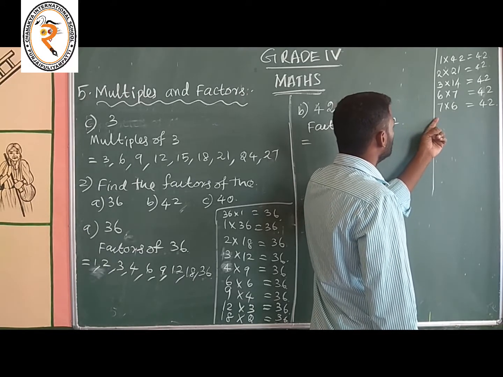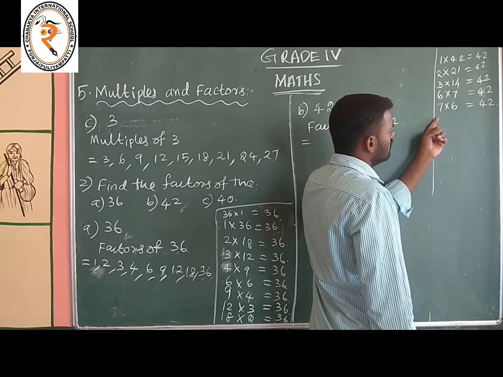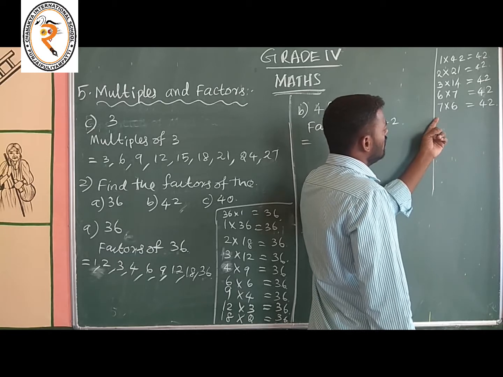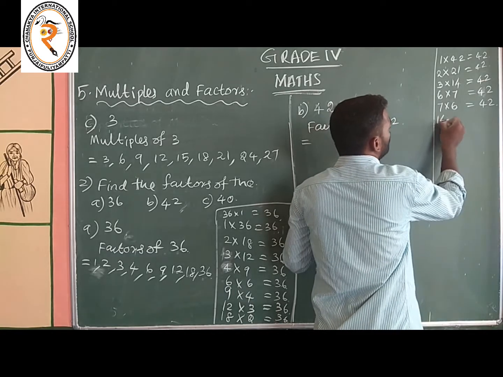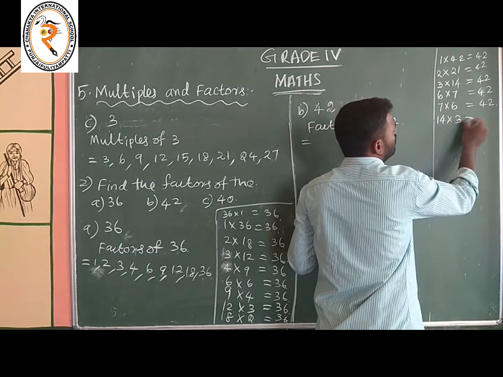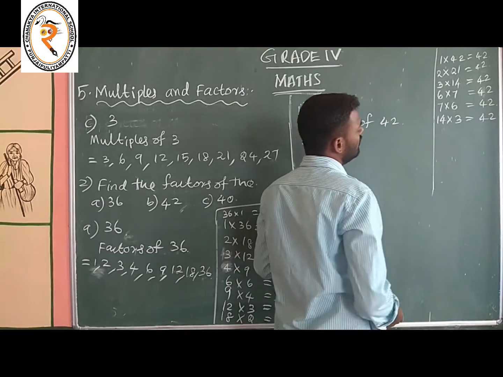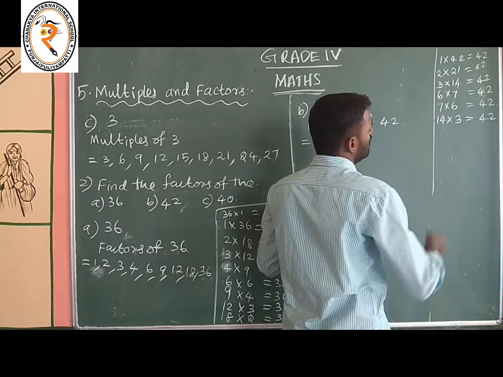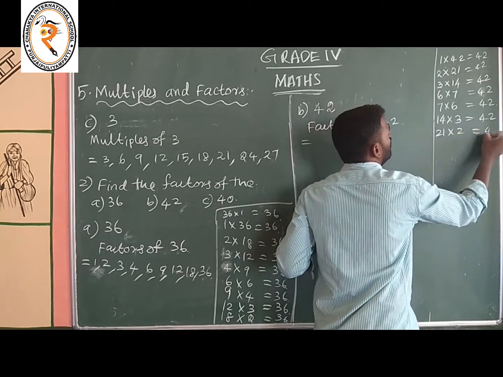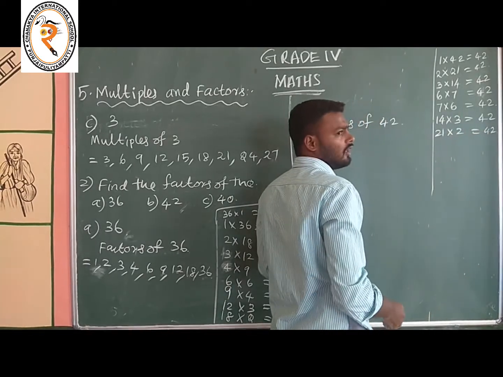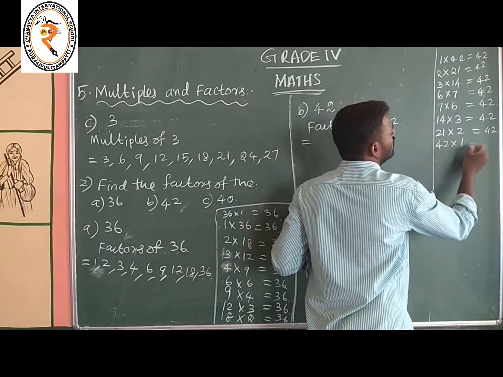Then the 10th, 12th, 13th, and 14th tables: 14 3s are 42. The 21st table: 21 2s are 42. And the 42nd table: 42 into 1 is 42.